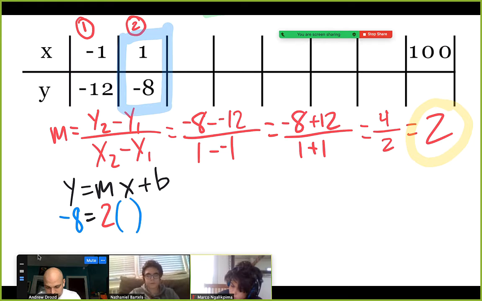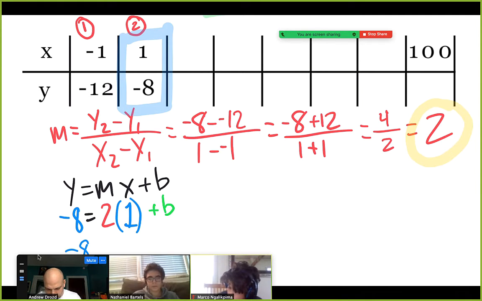And then for x, we're going to be plugging in 1. We've got to solve for b. Okay. So what do I know? I know that negative 8 equals 2 times 1 is 2 plus b.